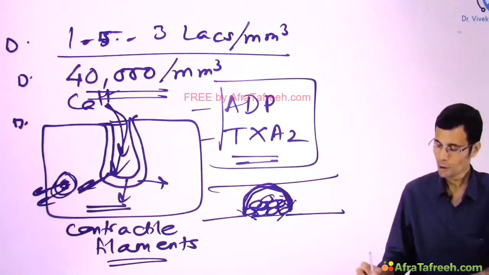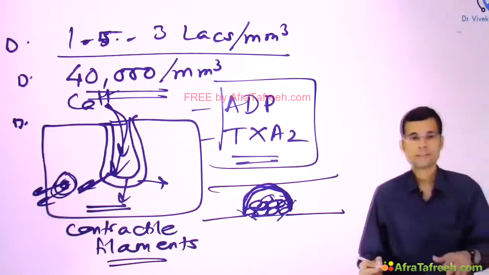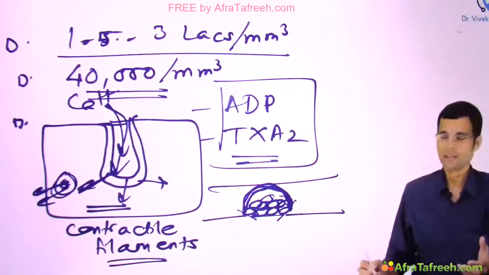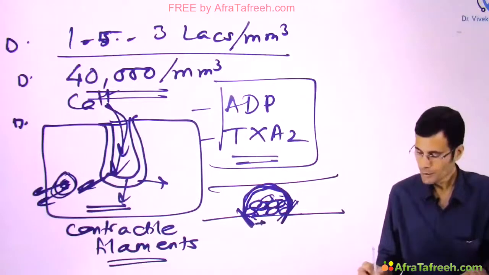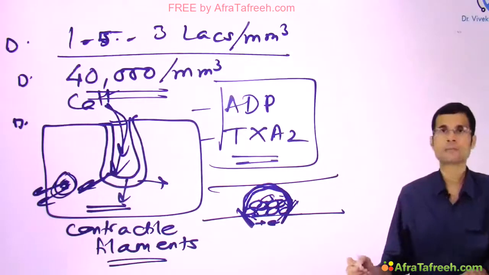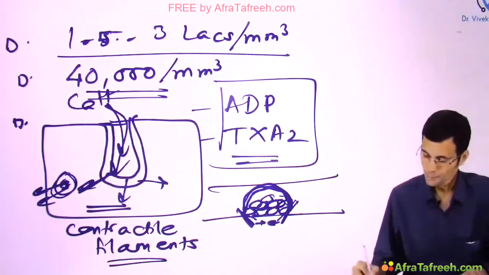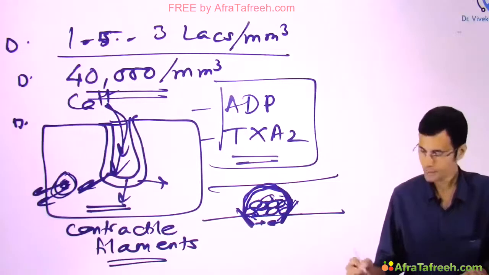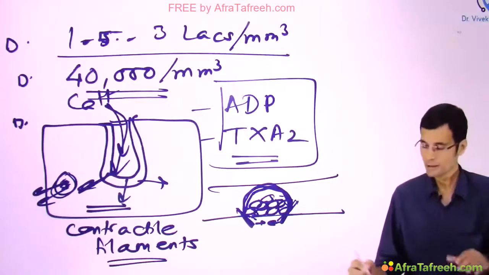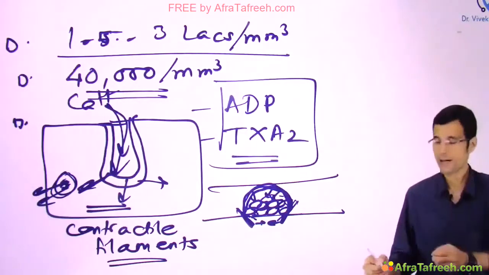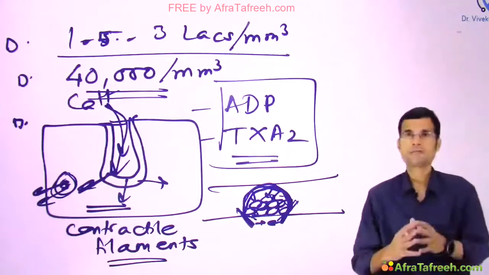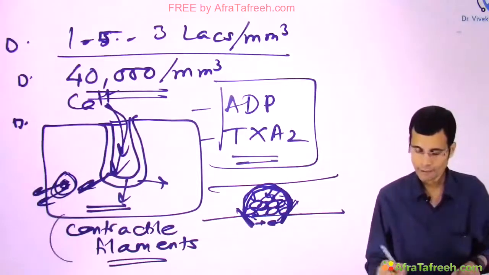plug, the clot forms. But then this clot needs to be retracted. These injured vessels need to be pulled towards each other so that the vessel healing starts. Vessel will heal, this ruptured vessel, and the clot reduced in size, retracted. These are the functions performed by these contractile filaments.